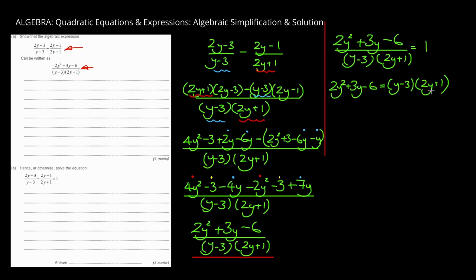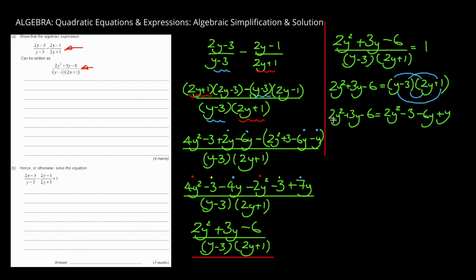So we've now got to multiply this pair of brackets out, again using the eyebrows and smiles technique, and simplify. So left-hand side copy and paste is equal to, the first two is 2y squared, negative 3 times positive 1 is negative 3, this gives negative 6y, and this gives a positive y.